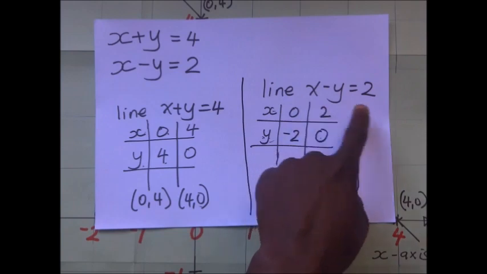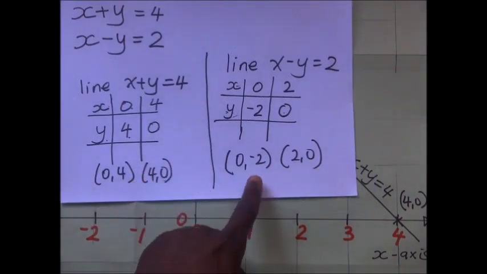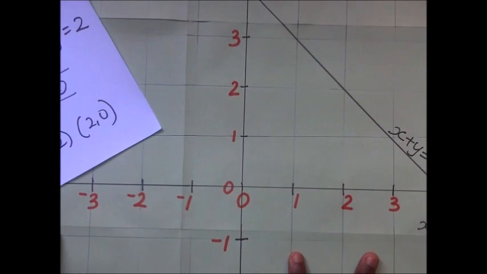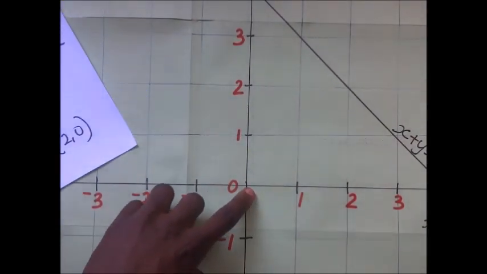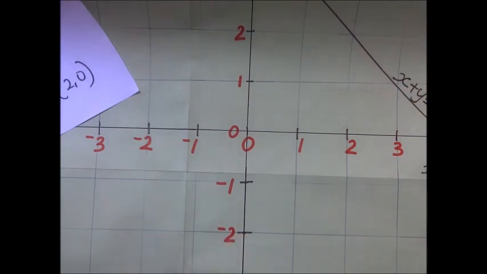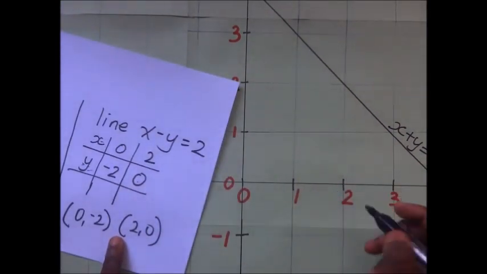So we draw the other line, x minus y is equal to 2. It has coordinates 0, negative 2. We look for the coordinate 0, negative 2. It is right down here. And then we have coordinates 2, 0. 2, 0 is right there.